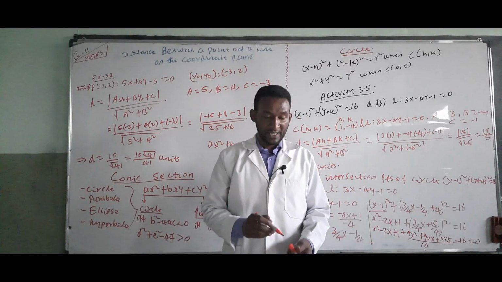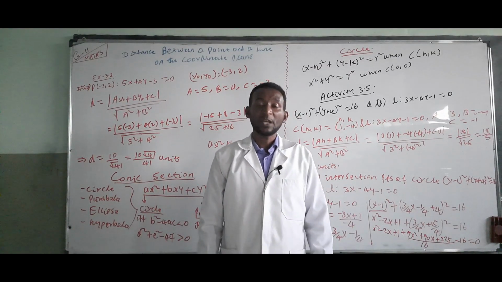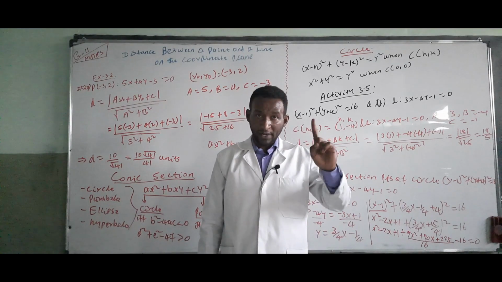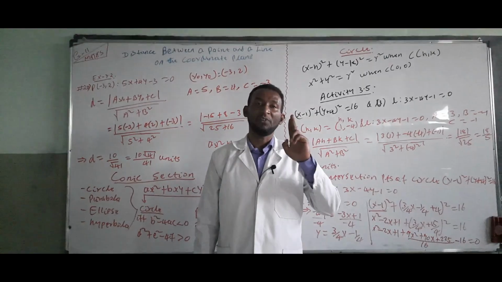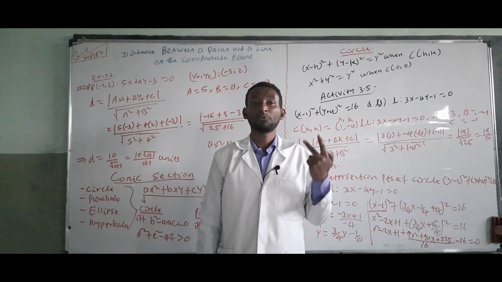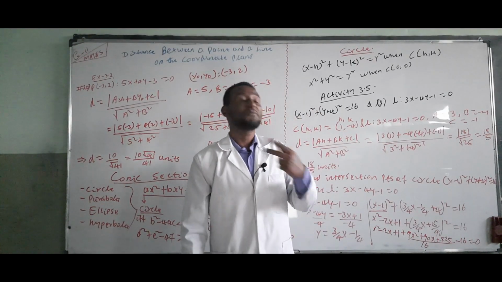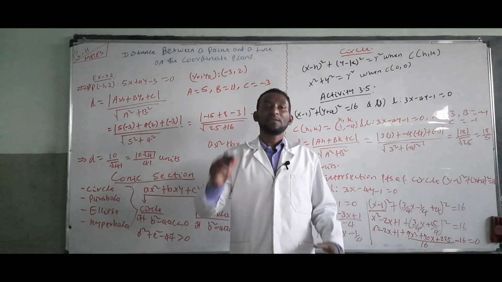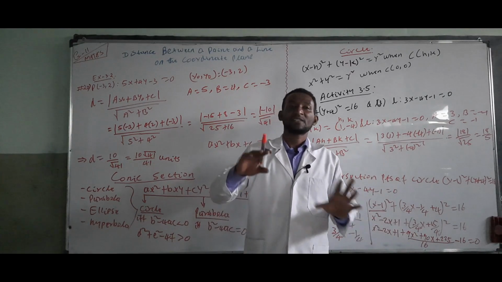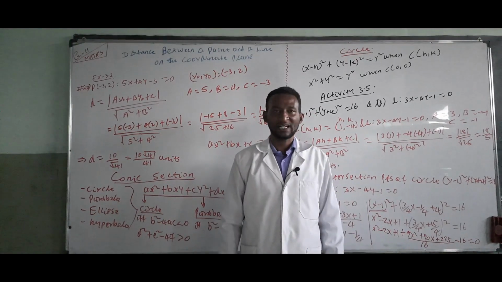If you get one value of x they have one intersection point; if you get two values of x they have two intersection points; if there is no solution for x the given line and the given circle have no intersection.